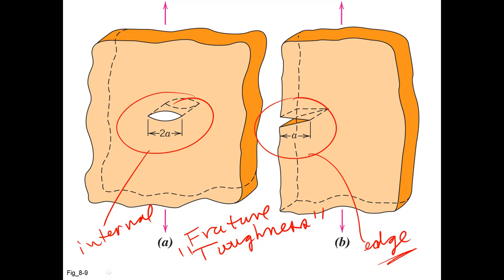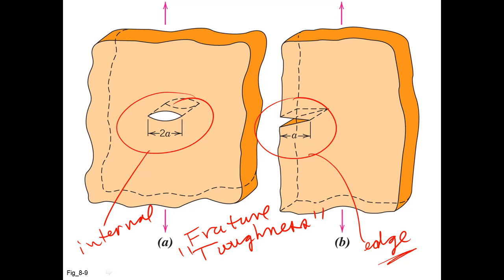An internal crack could occur simply during processing, say rolling or forging. Those sort of metalworking operations might give you an internal crack. Much more difficult to identify, obviously, because you can't peer inside the metal, whereas the edge crack is more obvious.